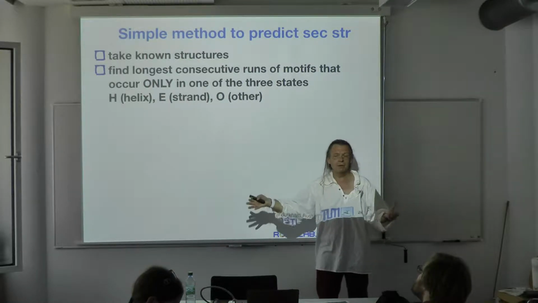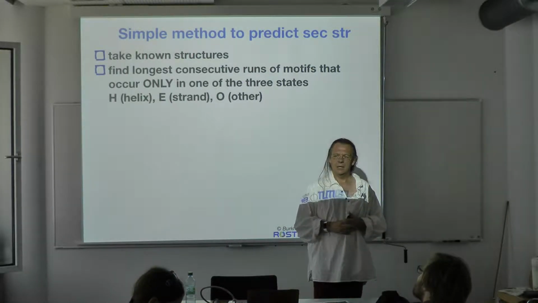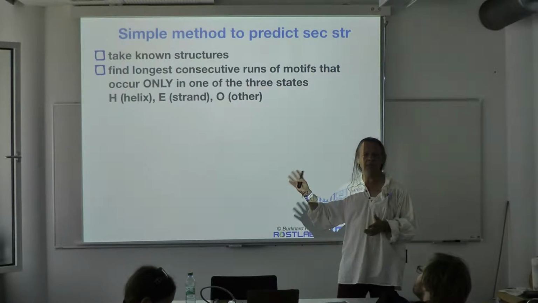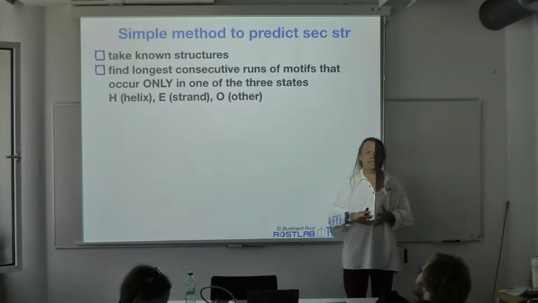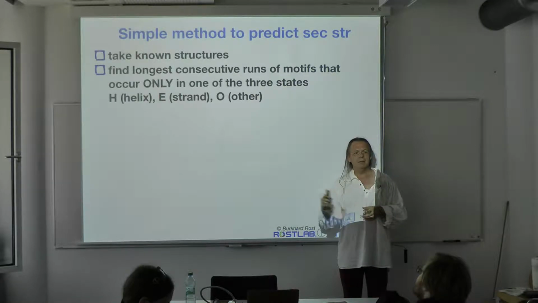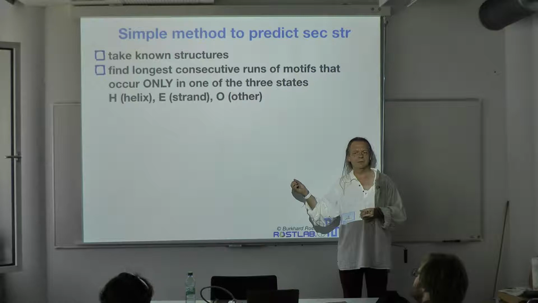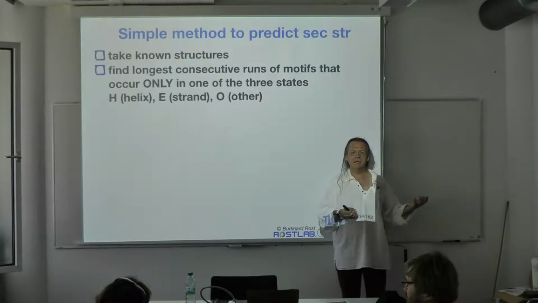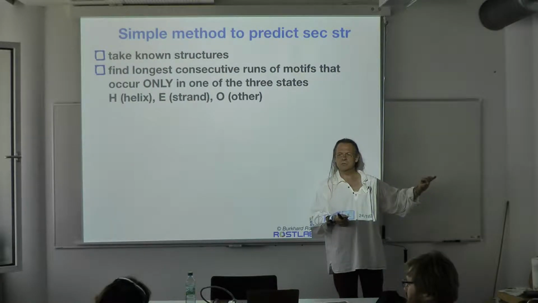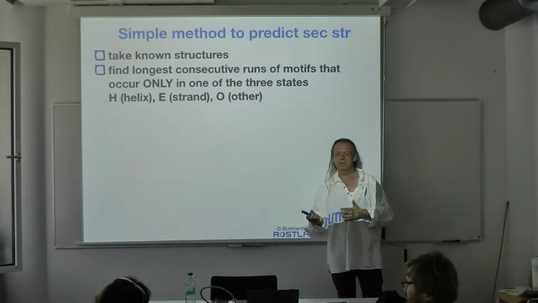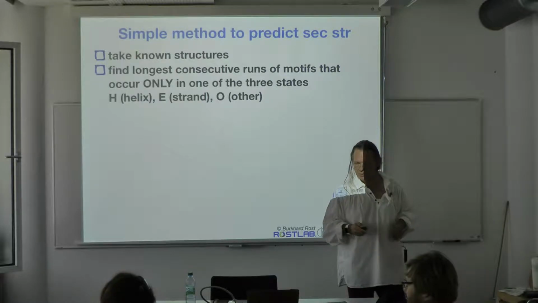That's a relatively simple way of doing it. I will show you in a moment that the first method was even simpler than that. But what is actually the problem with this method? The problem is you cannot predict for every single residue. Some you find, some you will not find, so it will not always work.